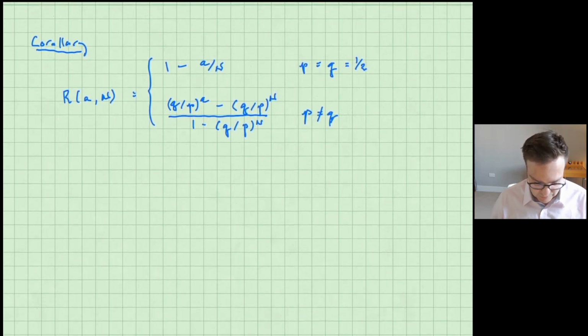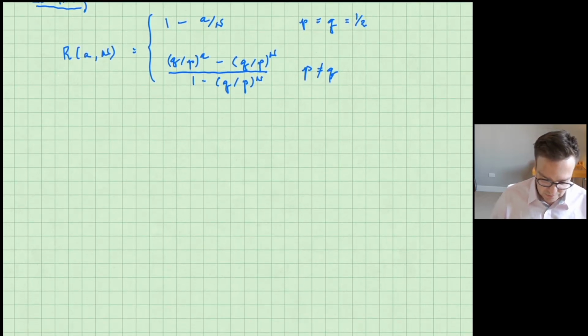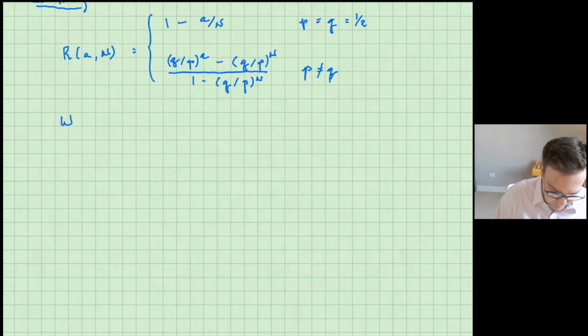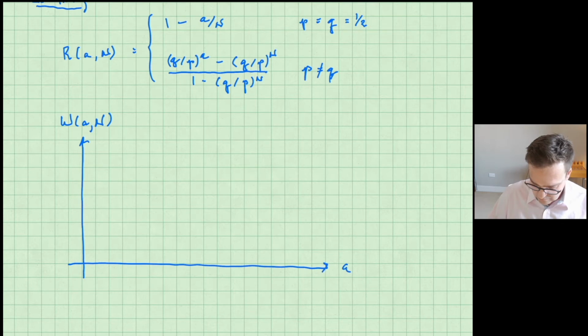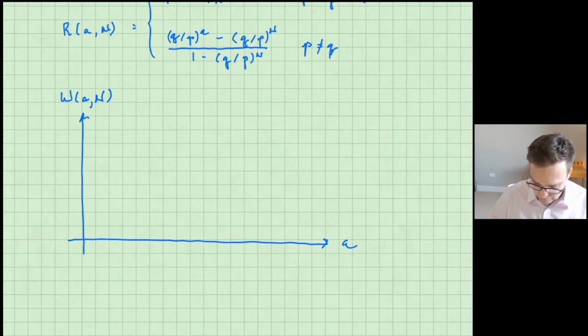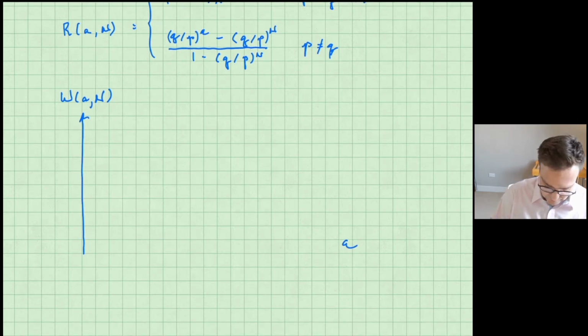And so I'm going to sketch what the plot ought to look like for w as a function of a and n, versus a, like this. Let's do a special case.